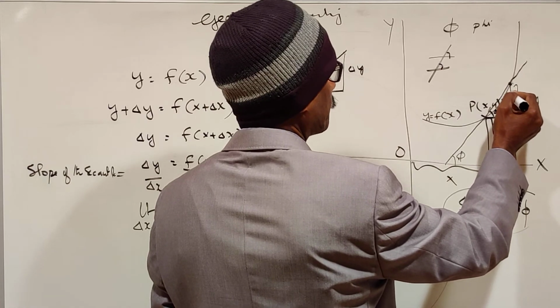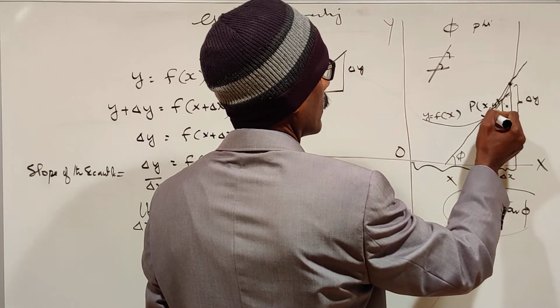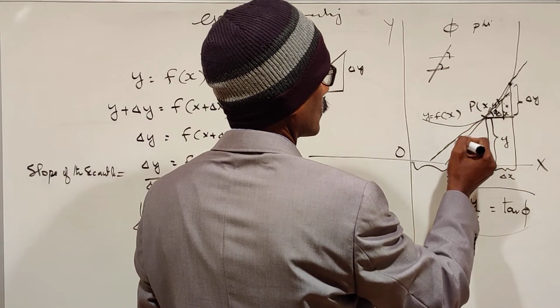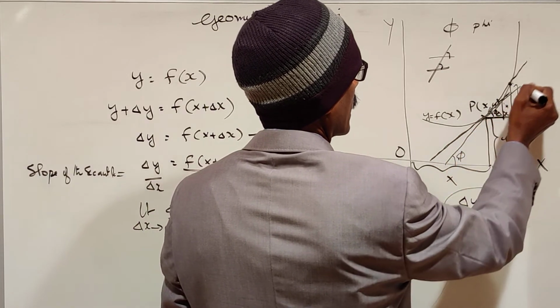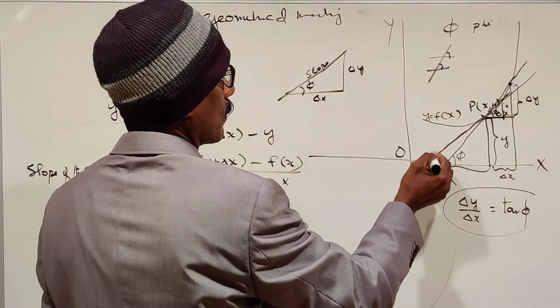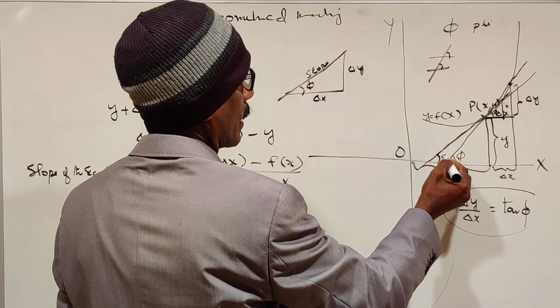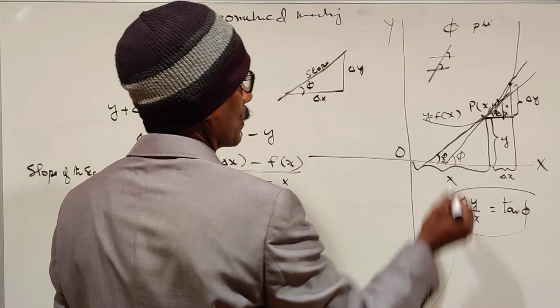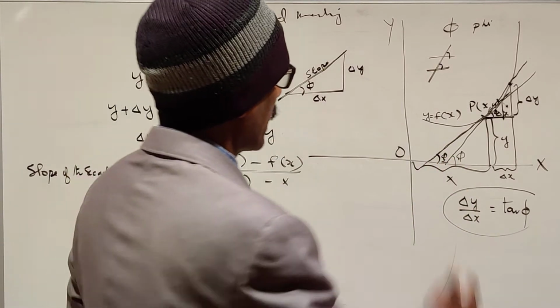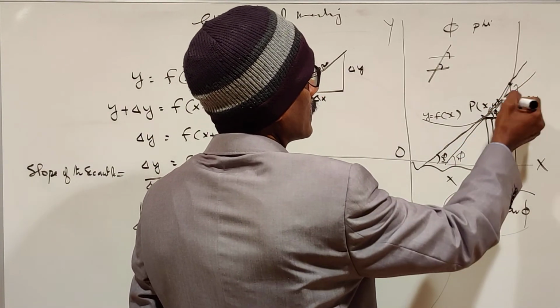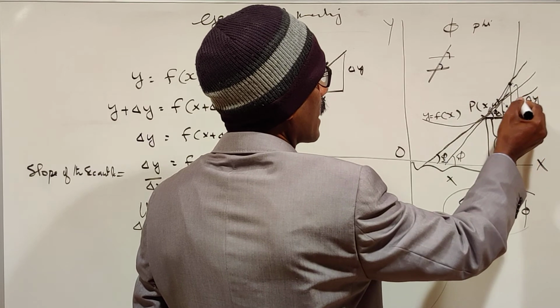The secant becomes more inclined, the slope is a little more. This is another angle, I am going to call it phi 2. That is also a secant line. When it tends to 0, the secant line becomes the tangent line.